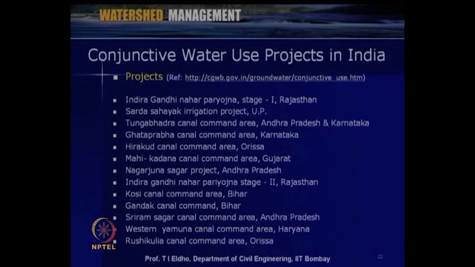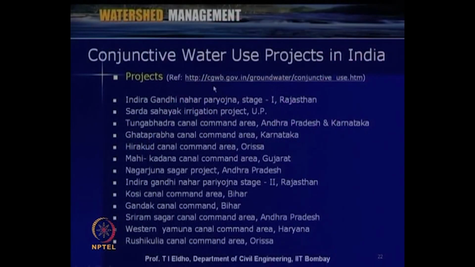Now as far as India is concerned, a number of conjunctive water use projects have been implemented at various locations. The Central Groundwater Board and Central Water Commission are monitoring these projects, and a lot of funding is also given for this type of projects. Some of the important projects are listed here, and their details are available on the Central Groundwater Board website.